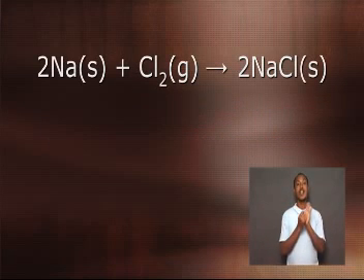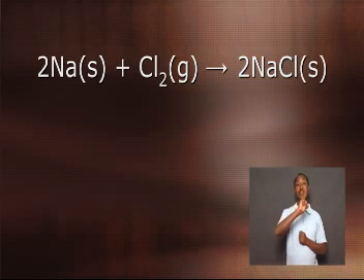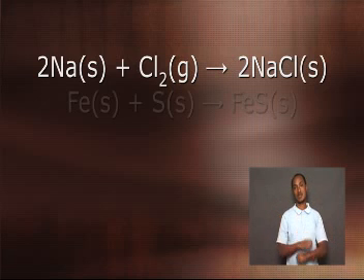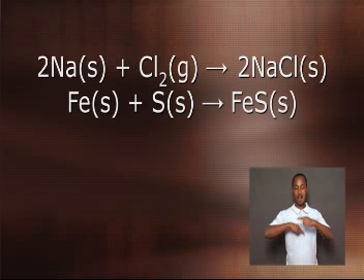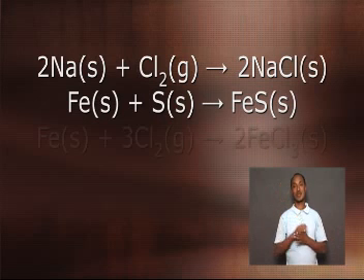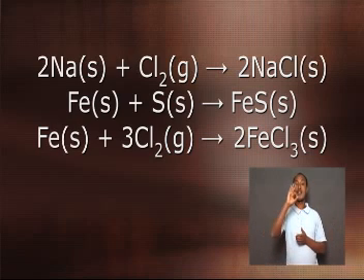For example, when sodium reacts with chlorine, sodium chloride is formed. When iron and sulfur react, iron 2 sulfide is formed. When iron and chlorine react, iron 3 chloride is formed.